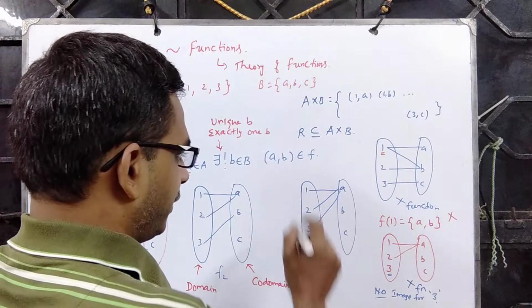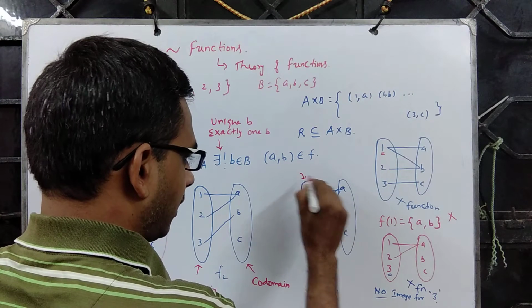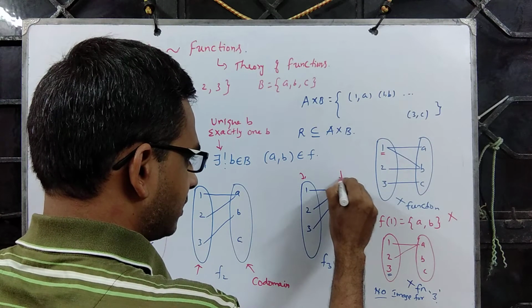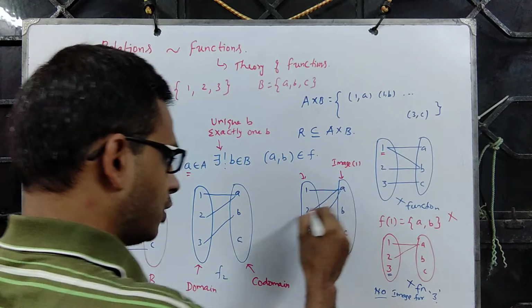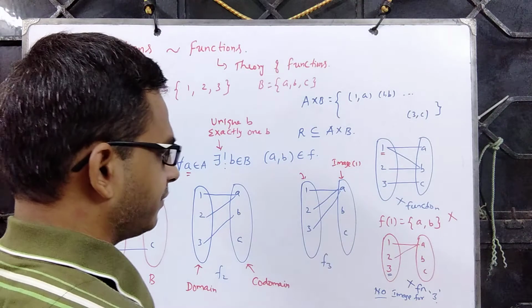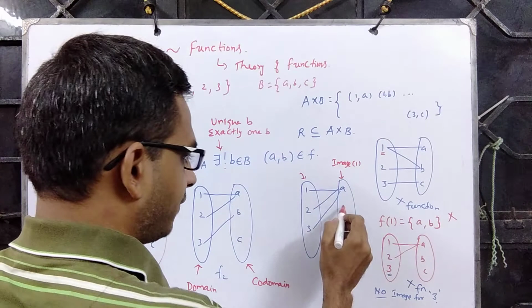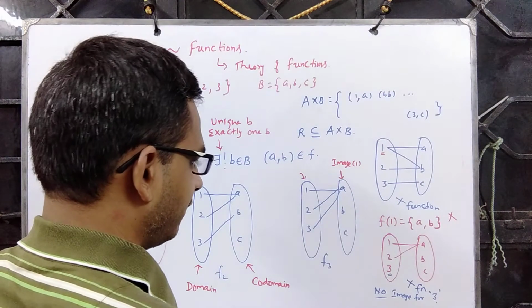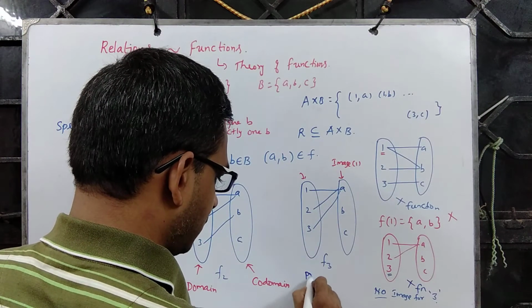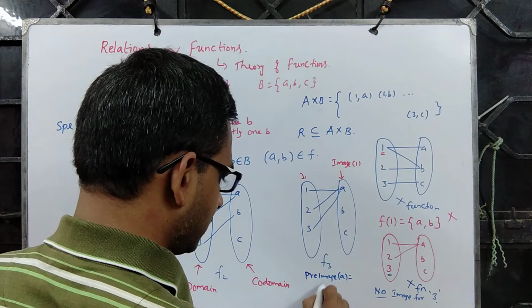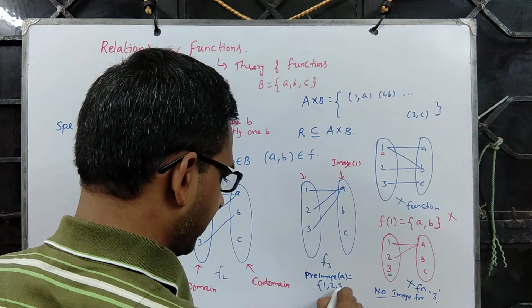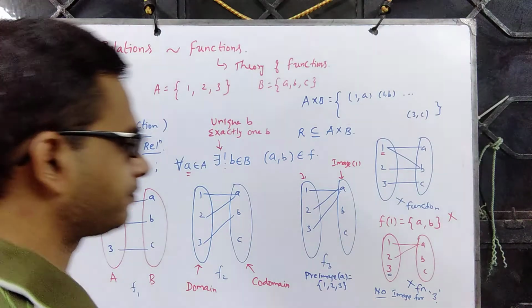So when you look at 1, a is the image of 1, a is also the image of 2, and a is also the image of 3. From this side, we say pre-image. So the pre-image of a is the set 1, 2, 3.